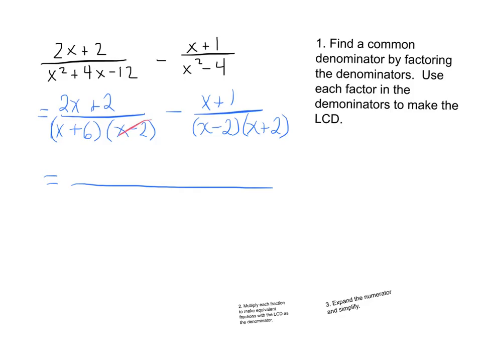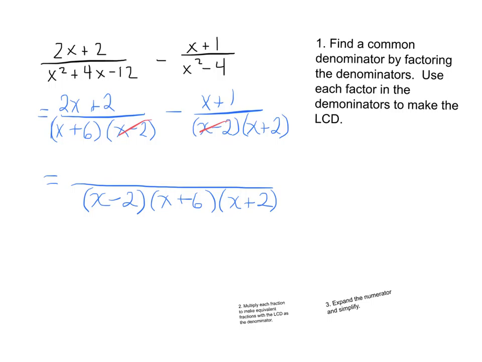So I'm going to take that and make it part of the denominator, and then I also need to include the other stuff that's not common. So the x plus 6 and the x plus 2. That's the common denominator. So take one of the thing that's common and then each other thing as well, just like we did in the last one.